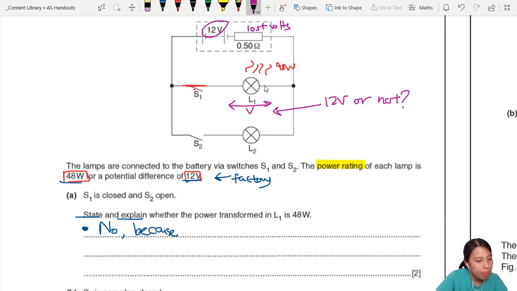So you can say, no, because the internal resistance of the battery causes some lost volts.